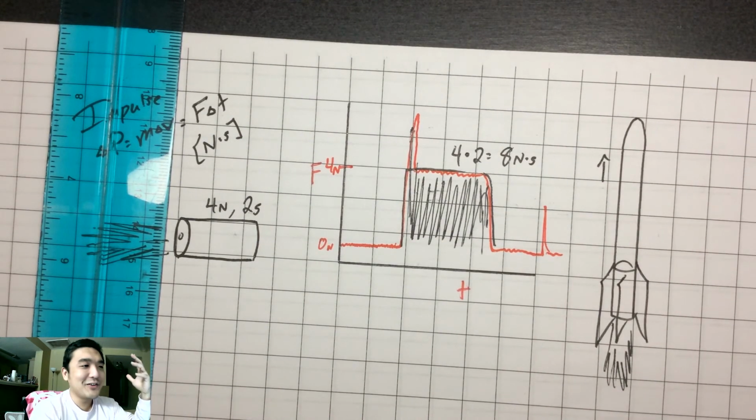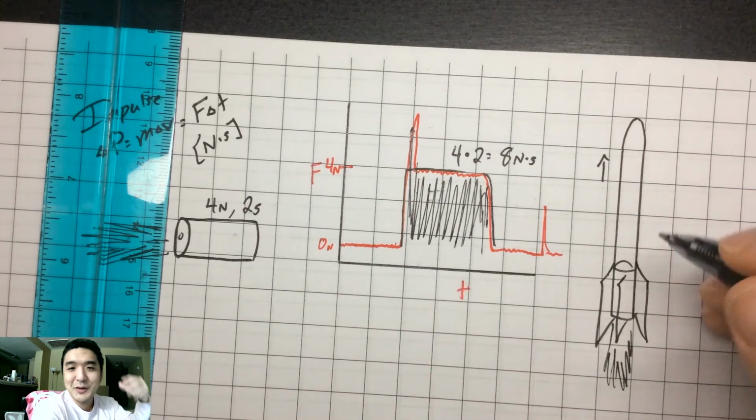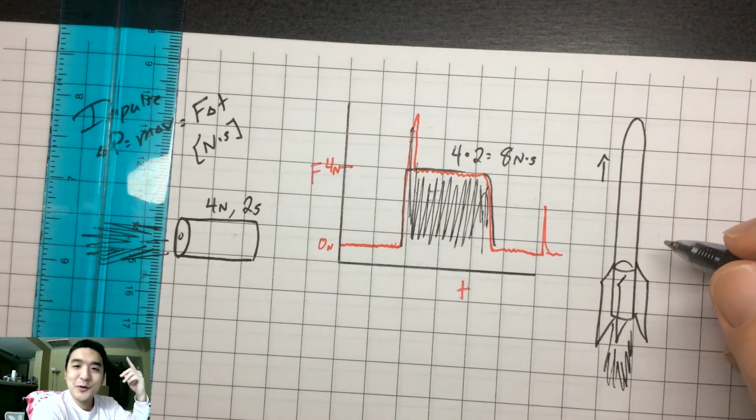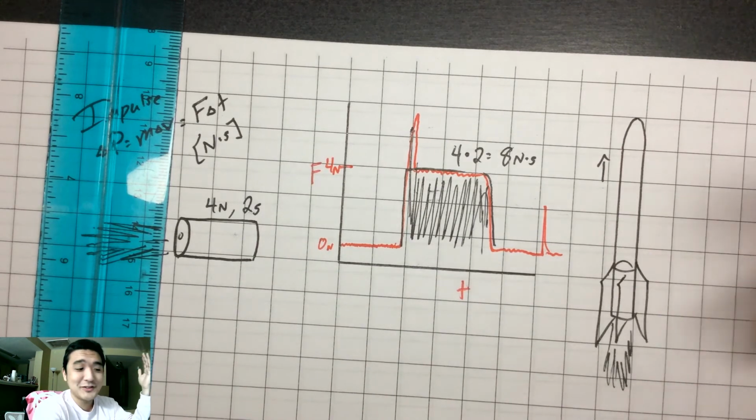The trick is you've got to figure out what's the deal with these forces involved. Here's one thing that we can guarantee: if your rocket had a weight of 4 newtons, your rocket's not going anywhere.